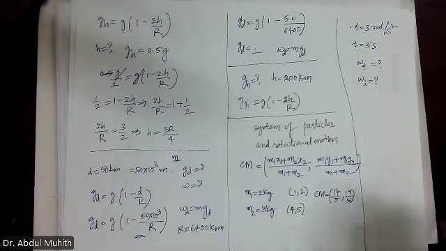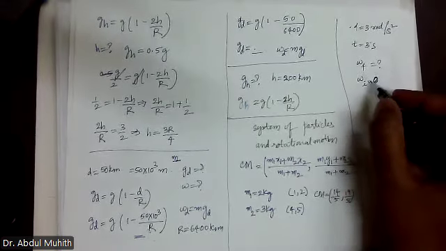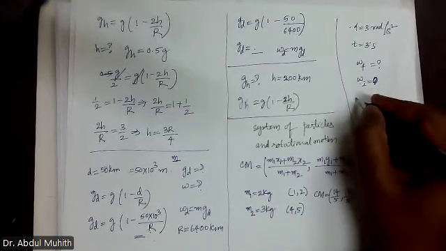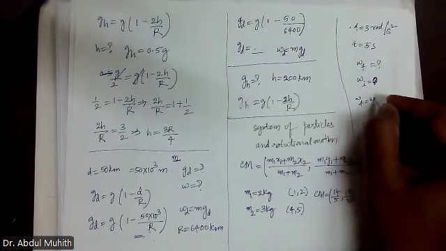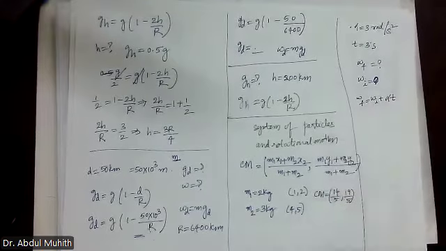Now, can you calculate omega if omega initial is equal to 0? Which formula will you use here, out of the 3 formulas? Omega final is equal to omega initial plus alpha t, like v is equal to u plus at. I think this fits.